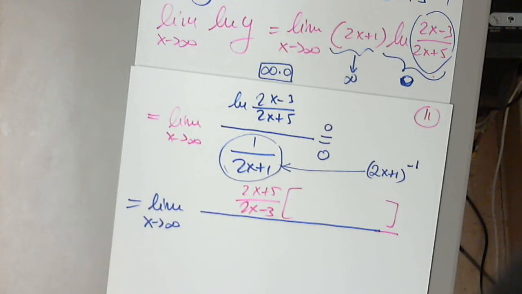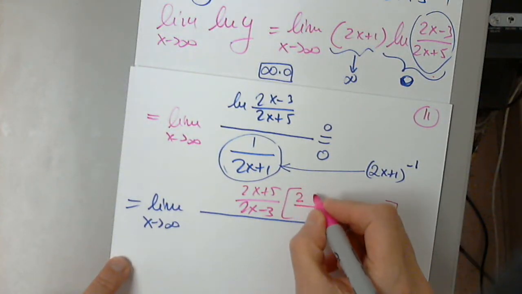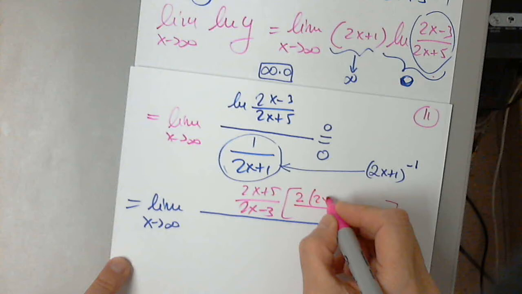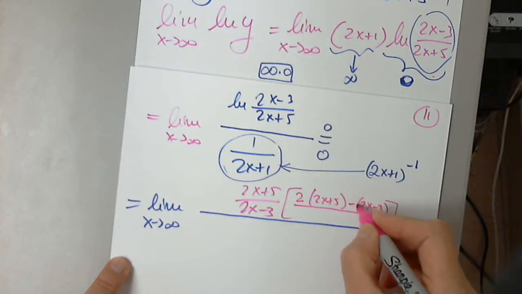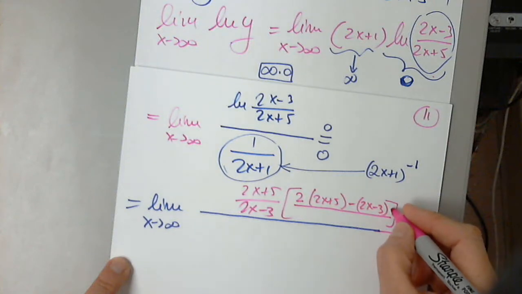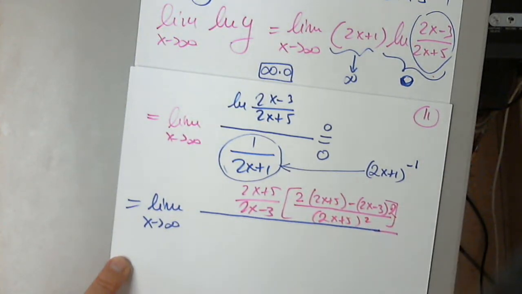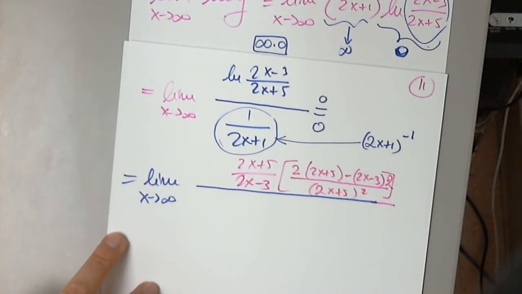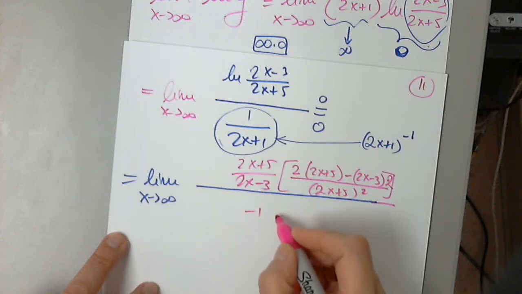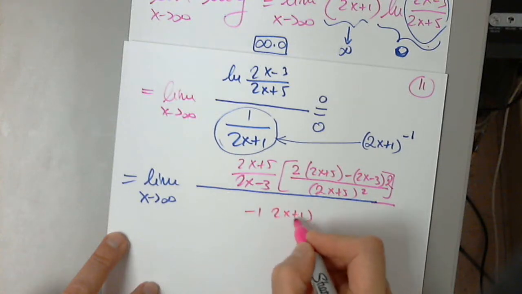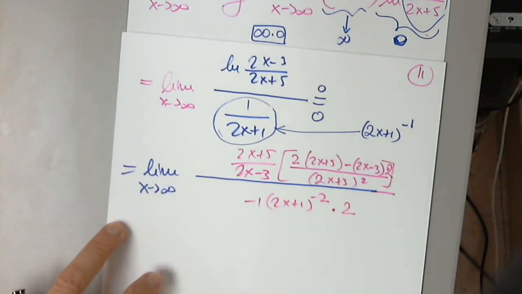Top prime, 2 times the denominator, 2x plus 5, minus the numerator, 2x minus 3, times 2, over 2x plus 5 squared. Now the denominator, negative 1 times 2x plus 1 to negative 2 times 2.